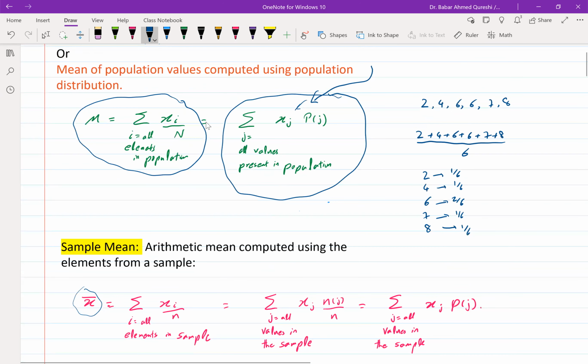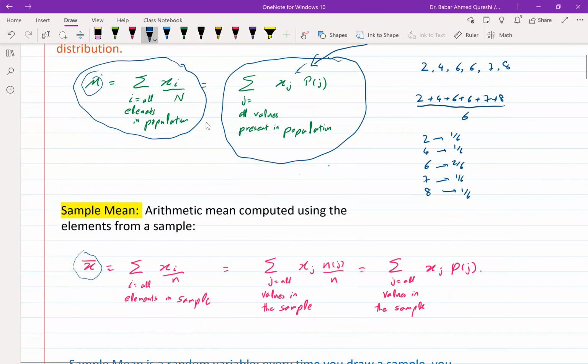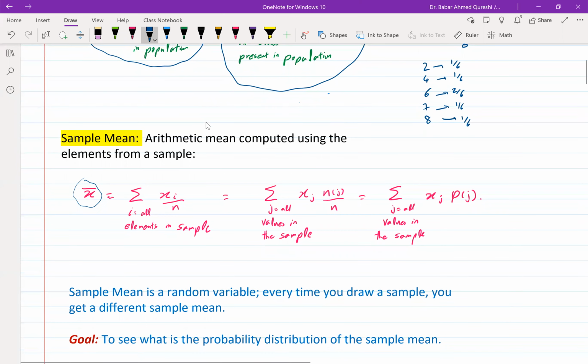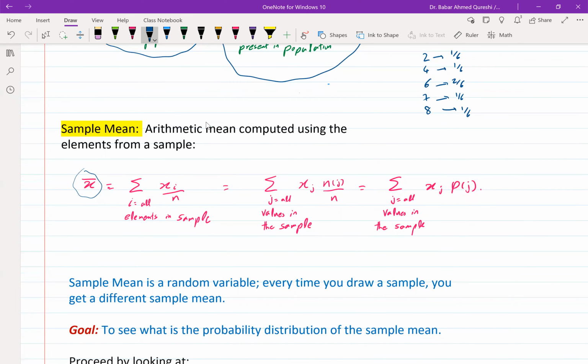Unlike mu, which stands for the mean of the population, when you're doing it on the sample, it's just x bar. So again, all elements in sample, sum them up and divide by the total elements in the sample. So if you are sampling with 4 elements, they all 4 can have the same value. That's okay. You add all of these and divide by the sample size.